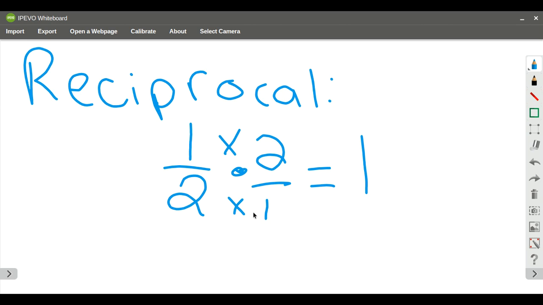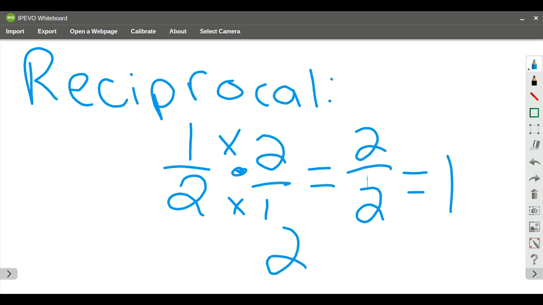If I back up a step and not just give you the answer of 1, it's 2 over 2, which we then simplify into 1. So when asked what is the reciprocal of 1/2, the reciprocal of 1/2 would be 2. The reciprocal of 2 would be 1/2, because when I multiply these two values together, I get 1.